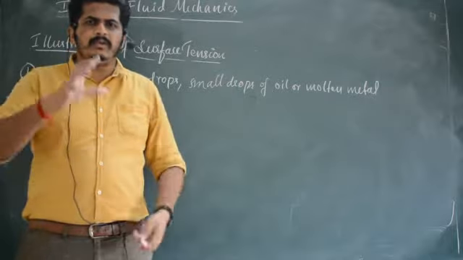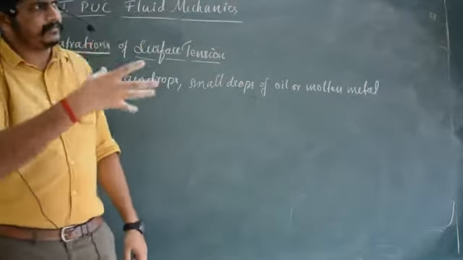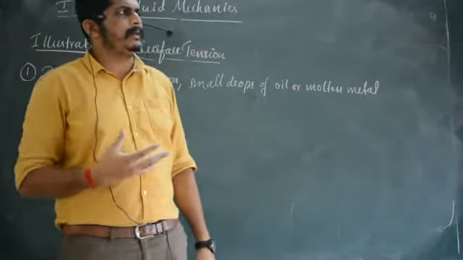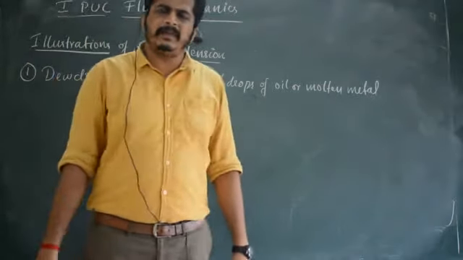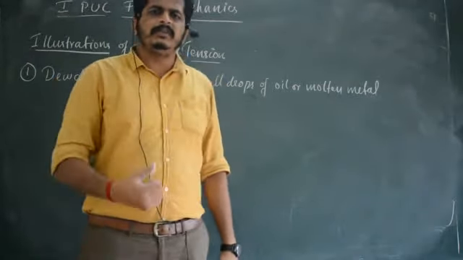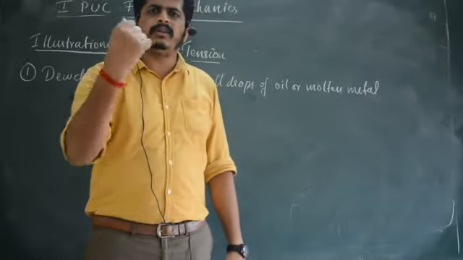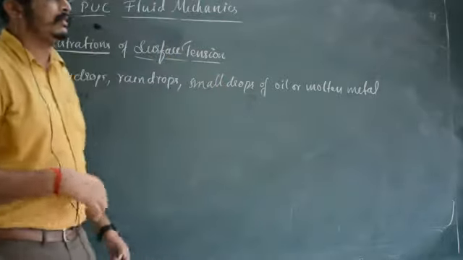Imagine it's raining and you have used a high definition slow motion camera and checked the shape of a water droplet; it will always be spherical. Why spherical? Because water tries to minimize its surface area because of the property of what? Surface tension. It behaves as a stretched membrane. That is why it looks spherical.